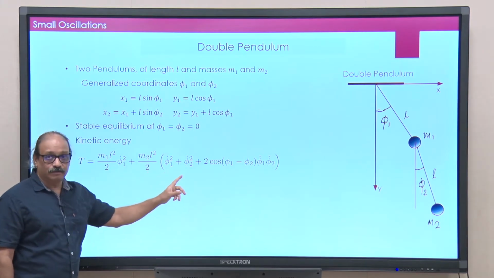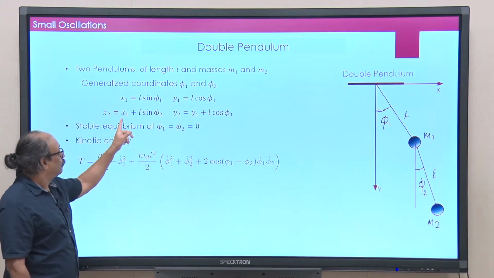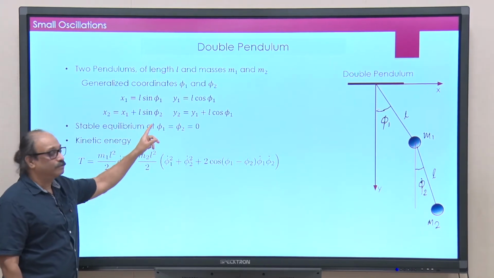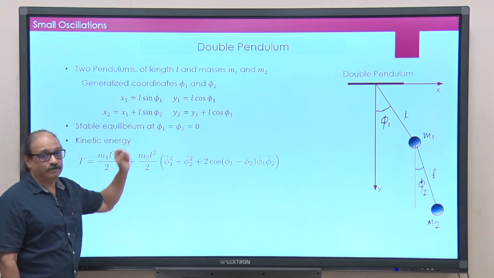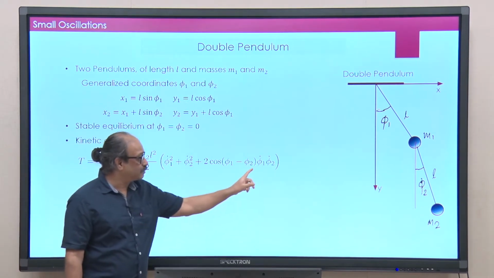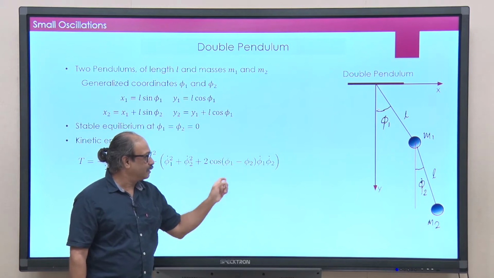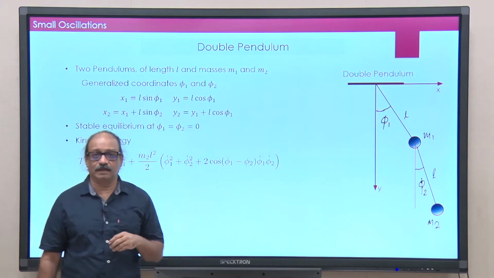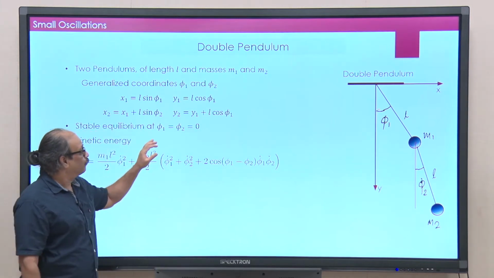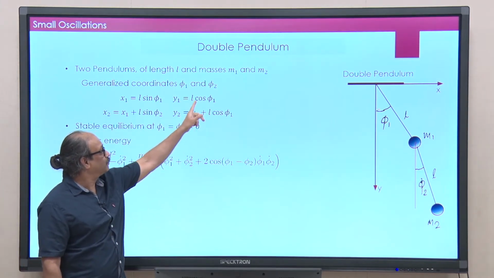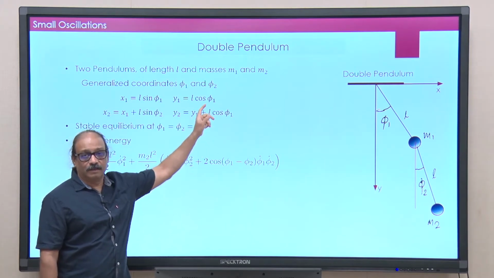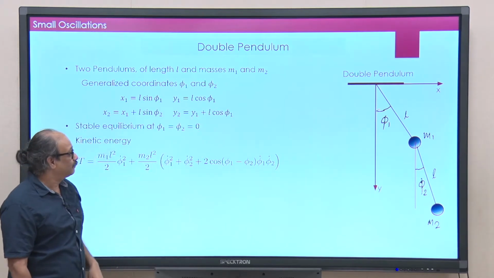But for phi 2 something else happens. Now, you have x 1 dot plus sin phi 2 cos phi 2 phi 2 dot, and then you have to take a square of that. So, you get cross terms here, and you can easily see cos of phi 1 minus phi 2 comes out as one cross term here, which is between, when you take y 2 dot, you will have y 1 dot, that will involve one sign factor there.